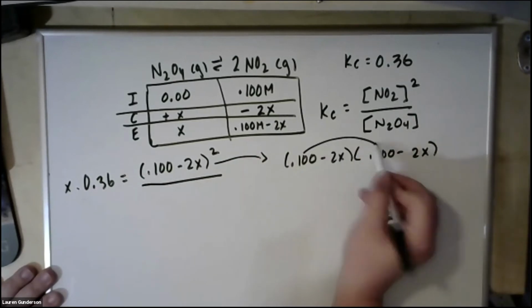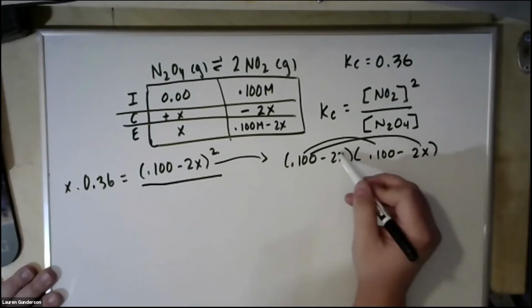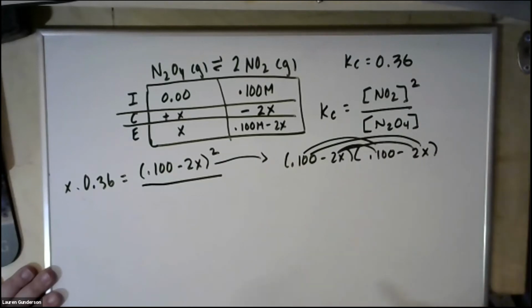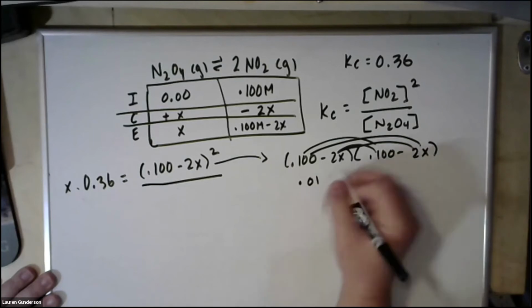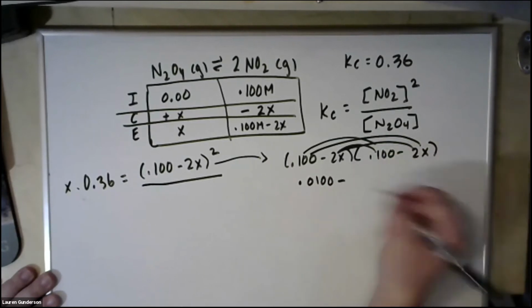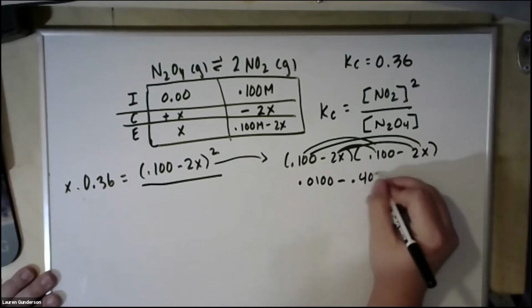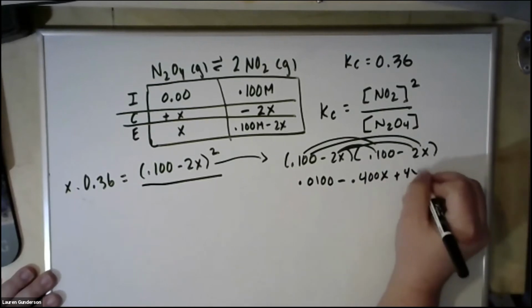And now we're going to do 0.100 times 0.100, 0.100 times minus 2x, minus 2x times 0.100, minus 2x times minus 2x. Right. We end up with 0.0100 minus 0.400x plus 4x squared.